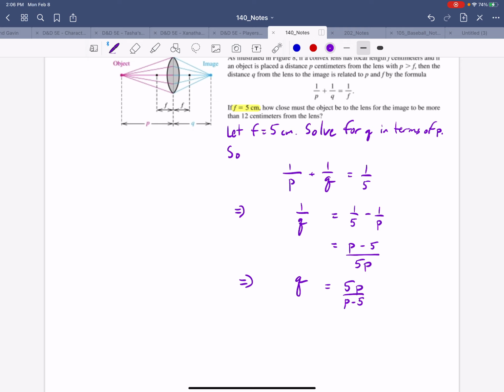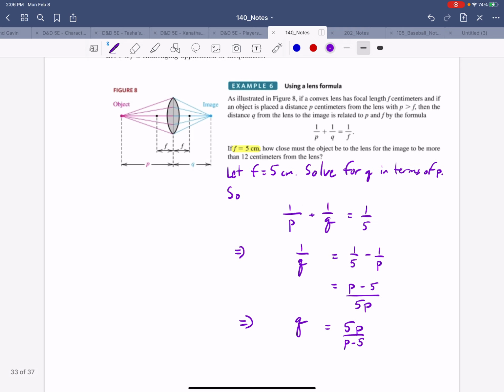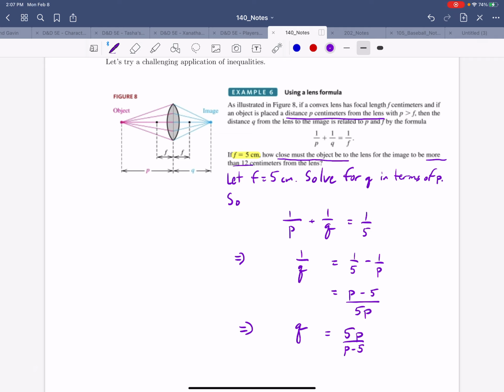Now, remember, the problem is asking how close must the object be to the lens? Well, we know that that's P, P centimeters from the lens, for the image to be more than 12 centimeters from the lens.